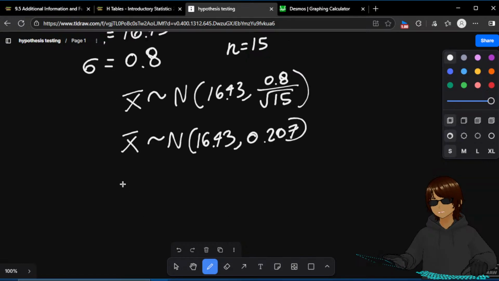We take the difference between 16 and 16.43, and we divide it by this.